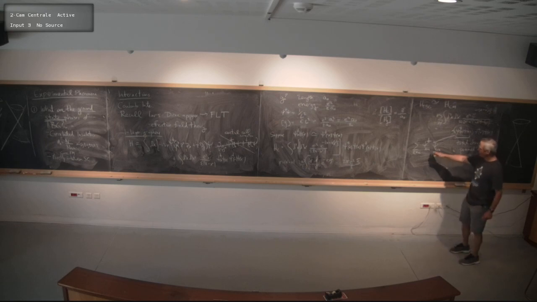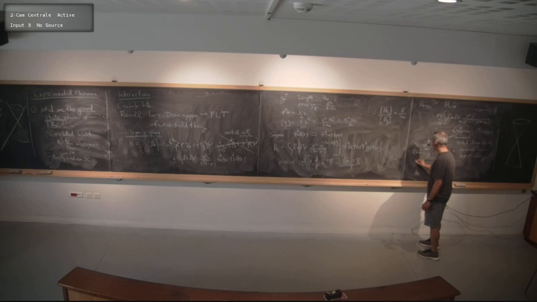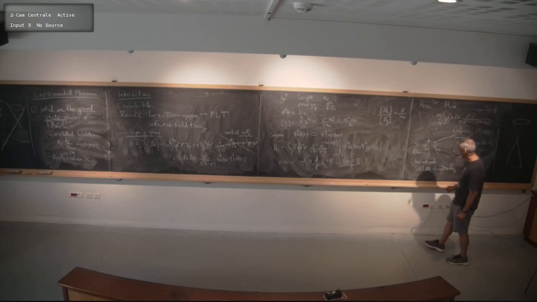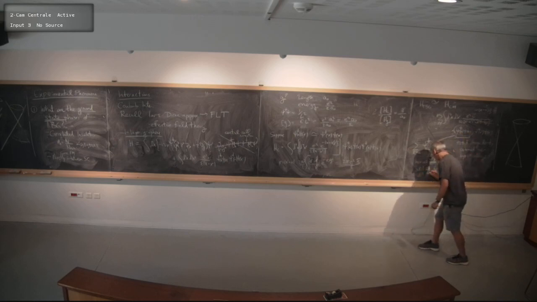So this object is actually very symmetric, and the density is invariant under a separate SU2 rotation for each valley, and a separate U1 rotation of the phase for each valley.